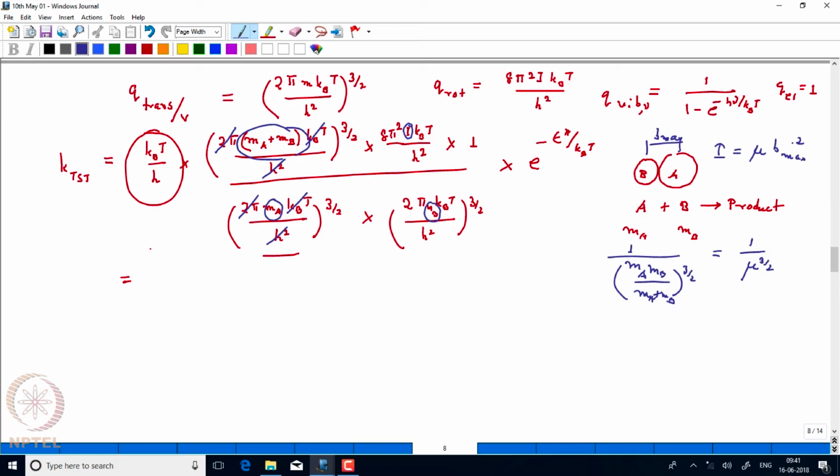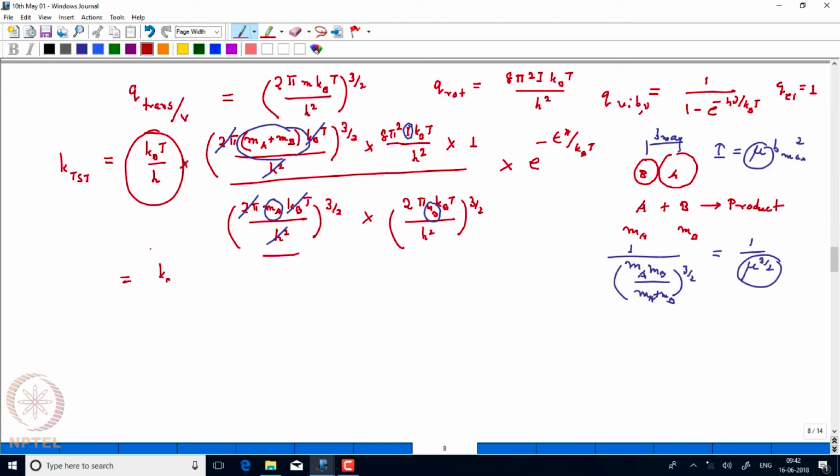So we will replace that I with μ B max squared, and then we are left with this μ, as you can see, which will basically cancel with the μ to the power 3/2 in the denominator. So ultimately we will have μ to the power half in the denominator, and then you can also simplify with the other terms. You can actually quickly try doing that.